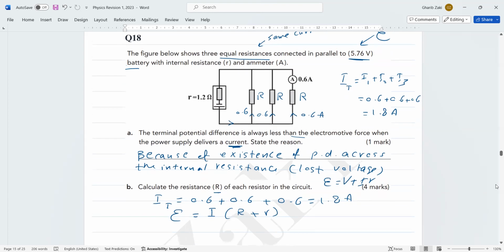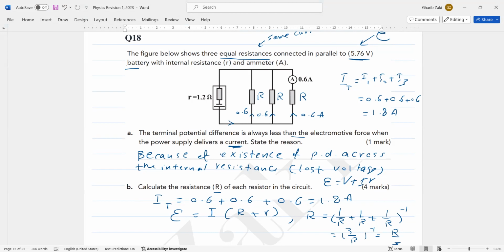Now, what is R external? The external resistance is the three resistors in parallel. So it's 1 over R plus 1 over R plus 1 over R, all to the power -1. It's 3 over R, all to the power -1. It's R over 3. This is the external resistance.